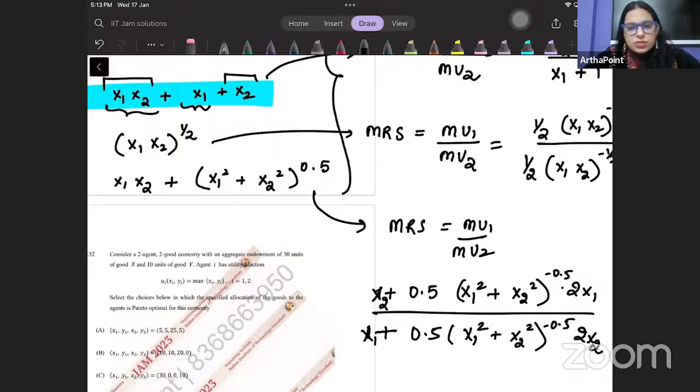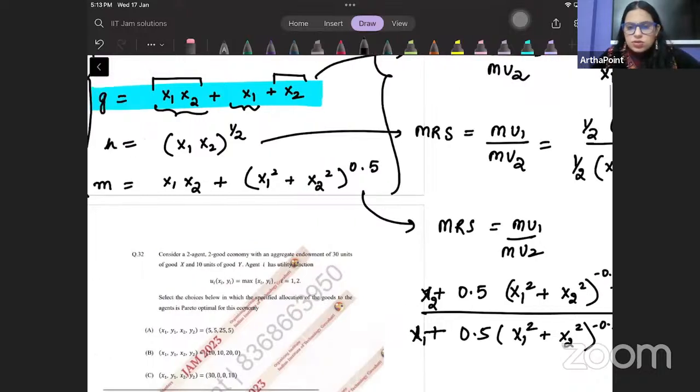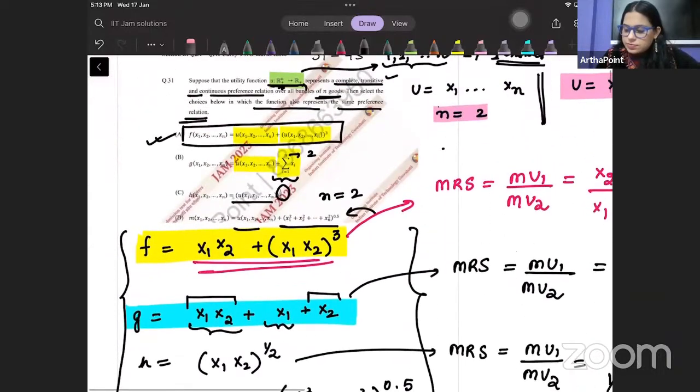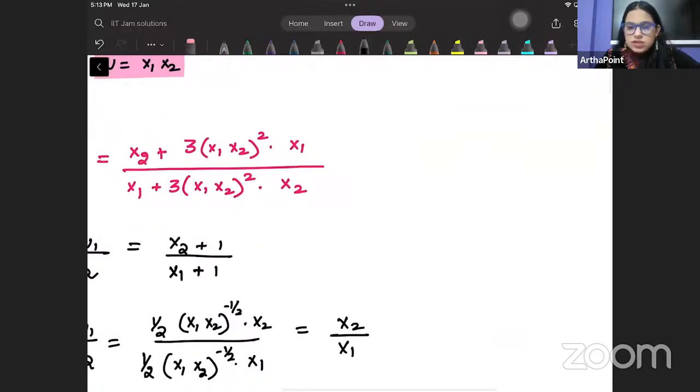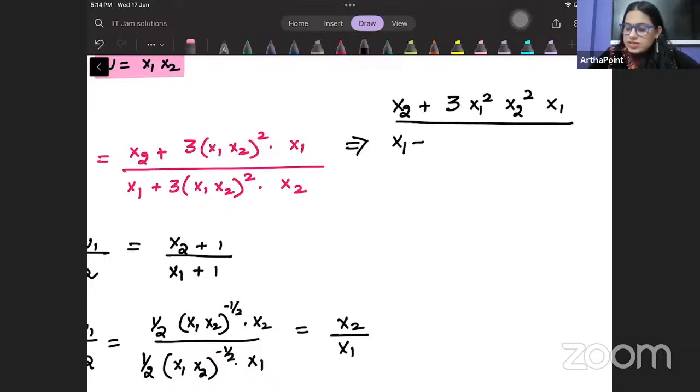In F, can't we take x2 common in the numerator and denominator? In the first one, we can. Yes, of course. You can simplify in that sense. So this is going to be 3 x1 square, x2 square, x1 upon x1 plus 3 x1 square, x2 square into x2.